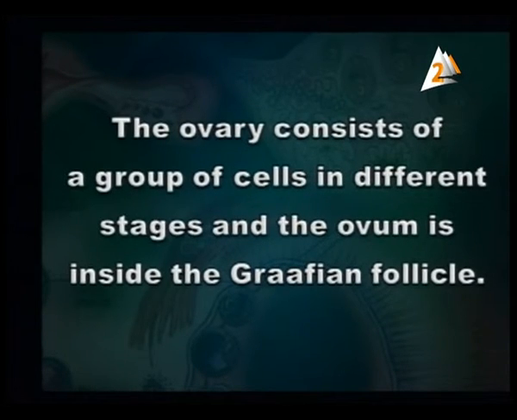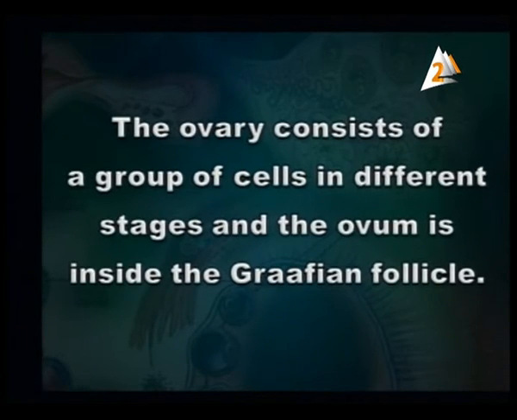It consists of a group of cells in different stages, which represent at the end the Graafian follicle, which contains the ovum.